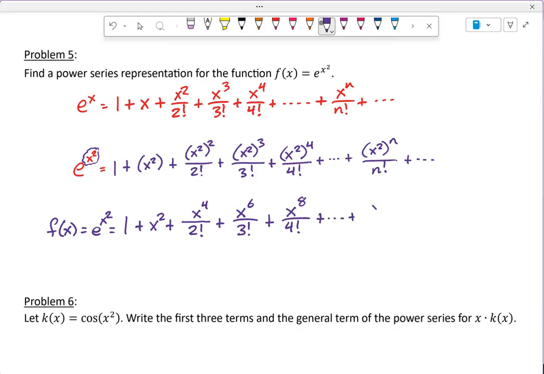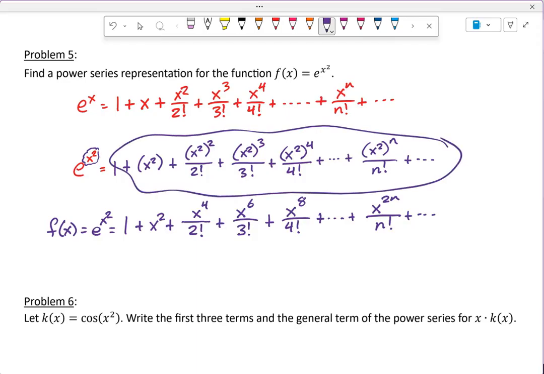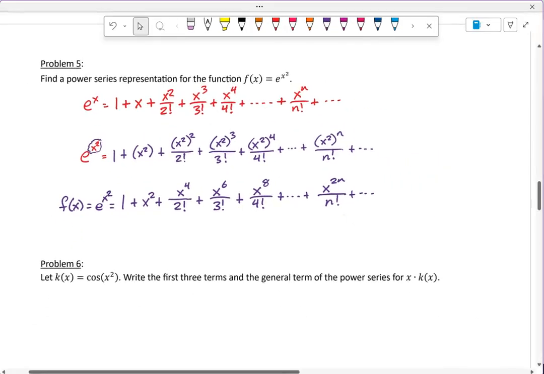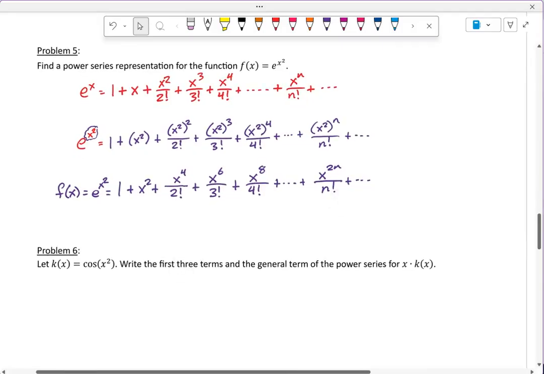And this one would be x to the 2n over n factorial. Okay, so if you just squared everything, yes, technically things would come out, but how we do it is also important. Our work does matter. All right, so that was problem 5.